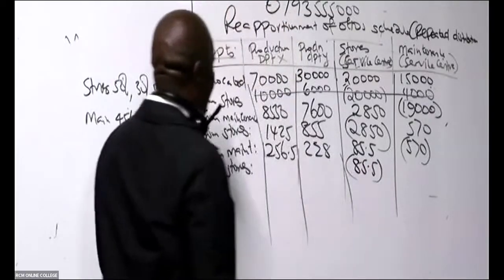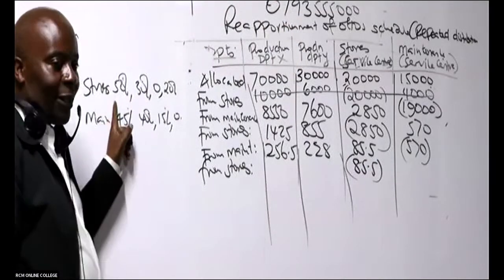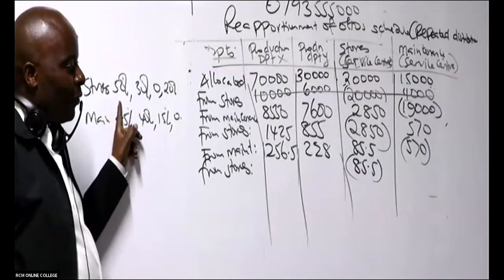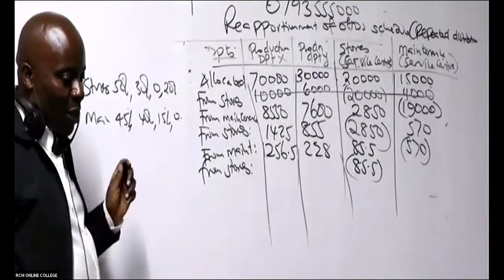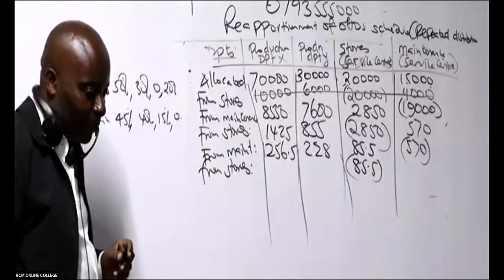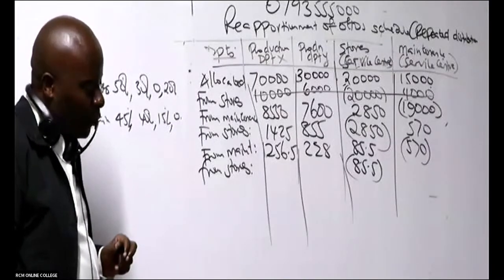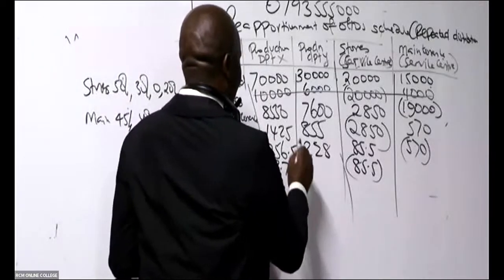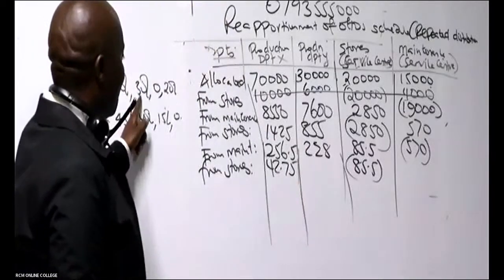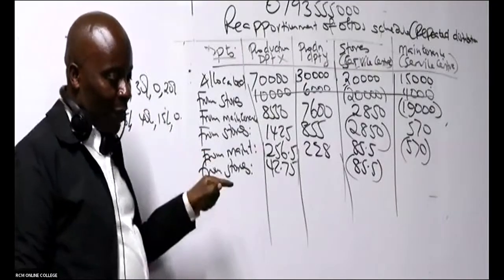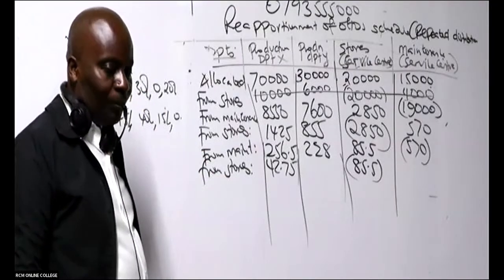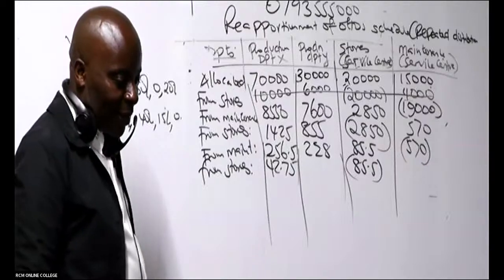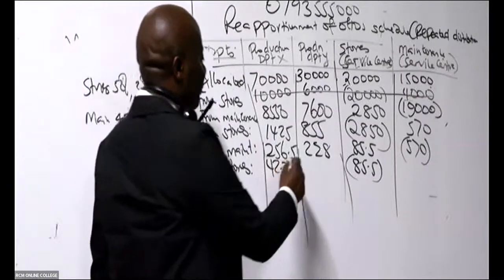And from stores, you have the percentages, isn't it? 0.5 times 85.5. Give me a figure I write down. 42.75. All right. Then we have 30% of 85.5, that is 25.65.